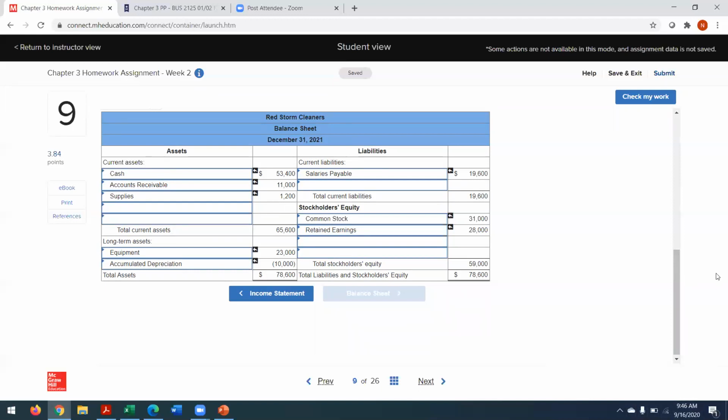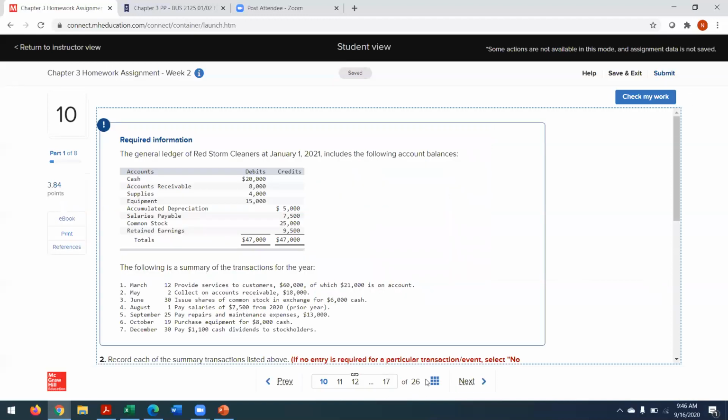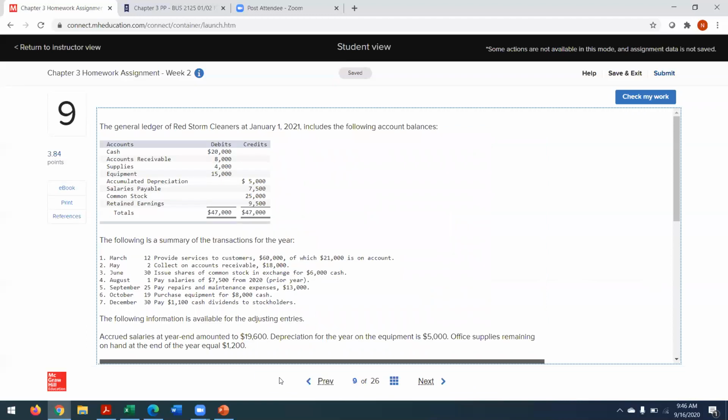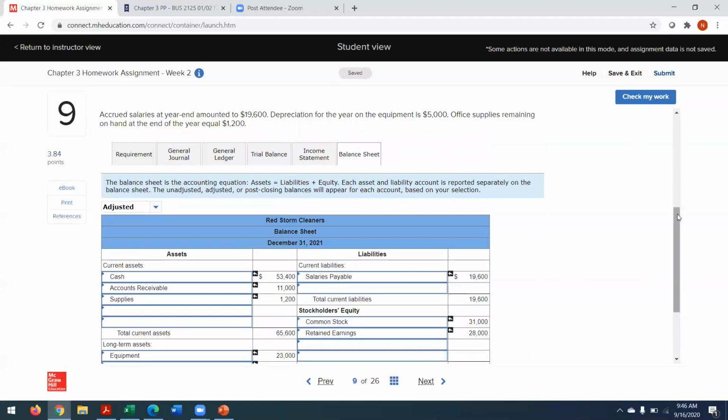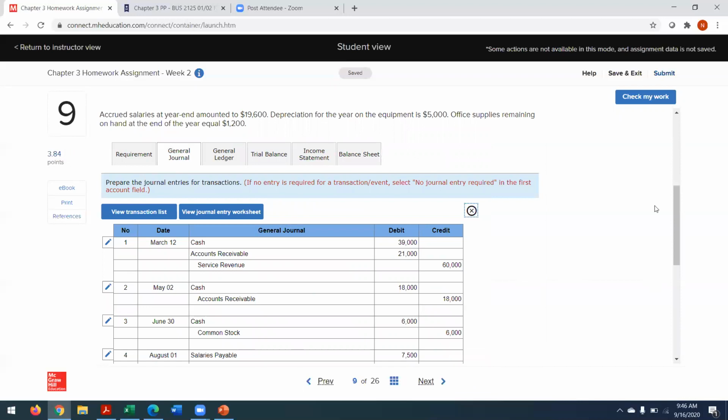Then after we've prepared this, they then want you to go and close out these accounts.